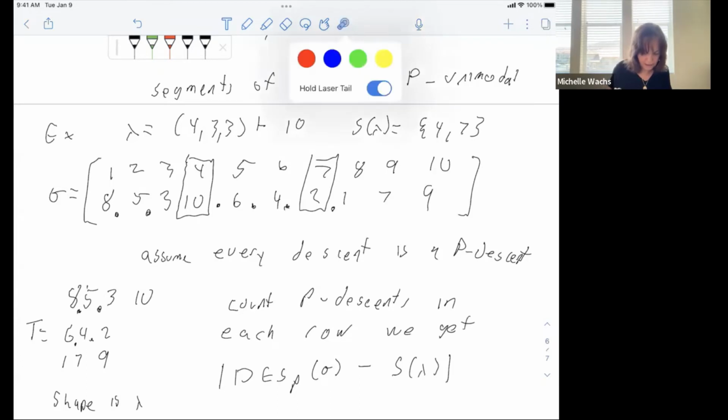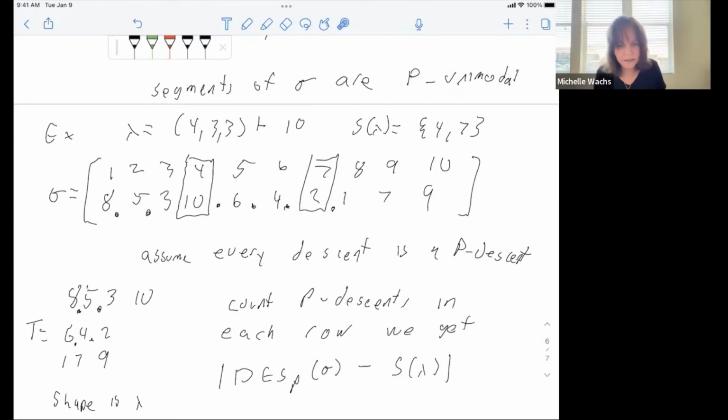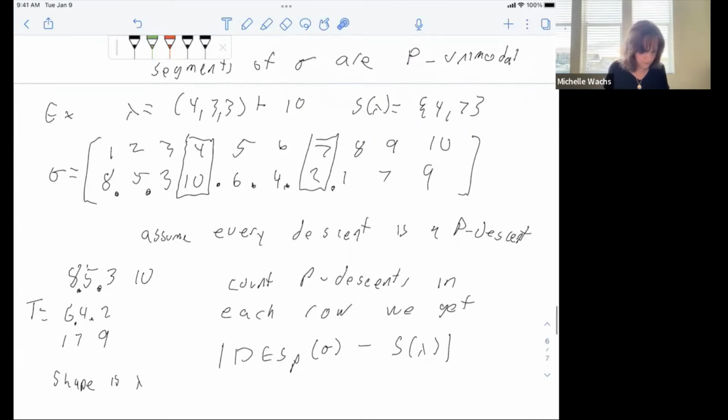So we're not going to count this or this, this or this. Okay, so counting P descents in each row is the same as counting the P descents of the permutation minus that S lambda, throwing out the less than.